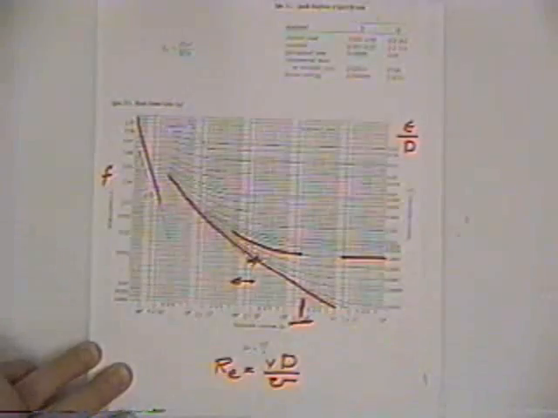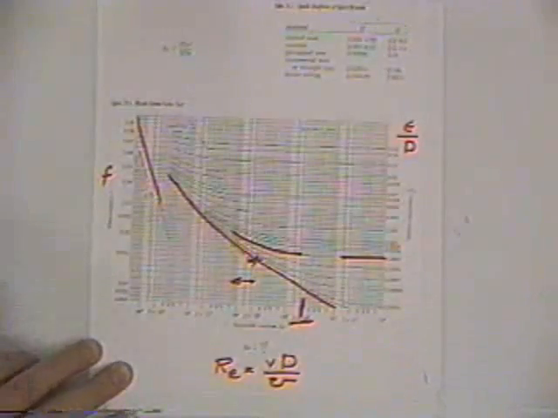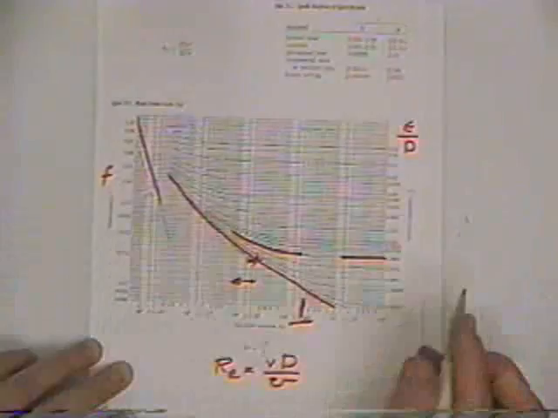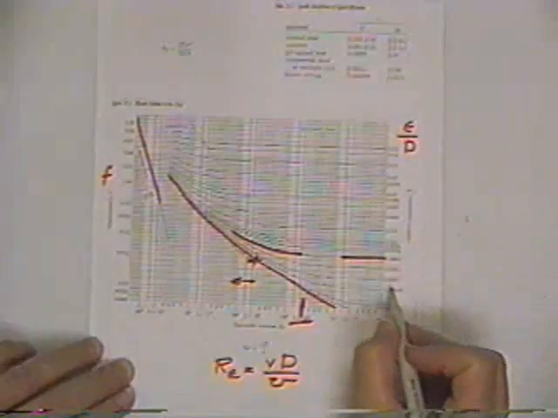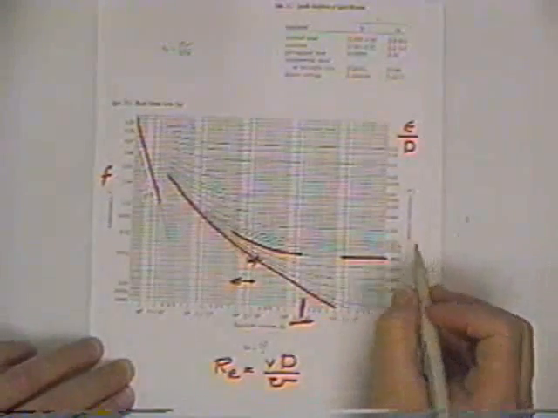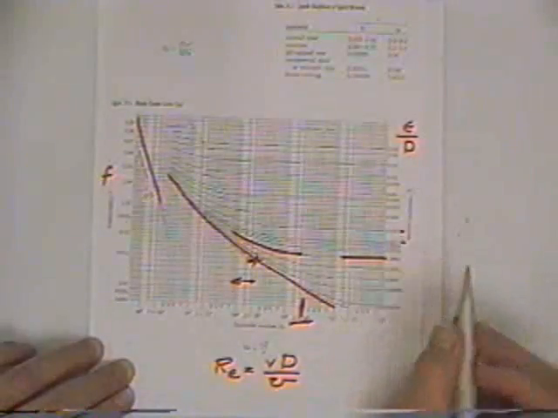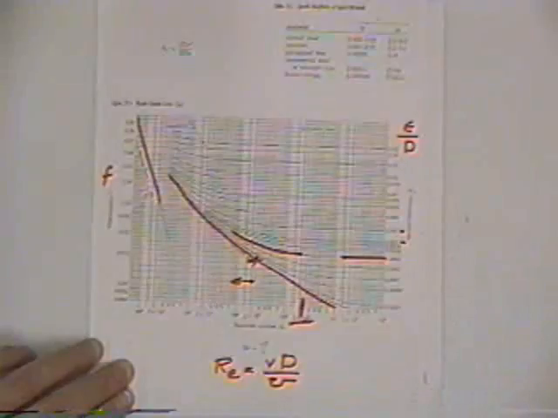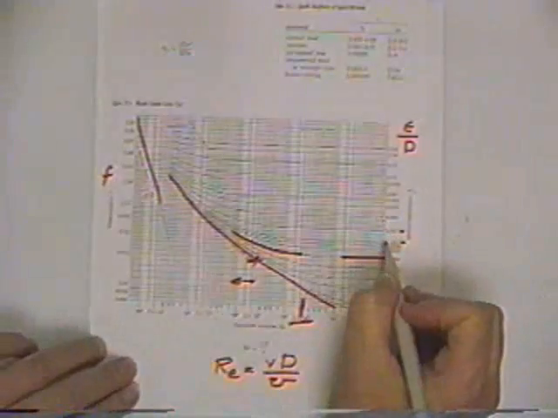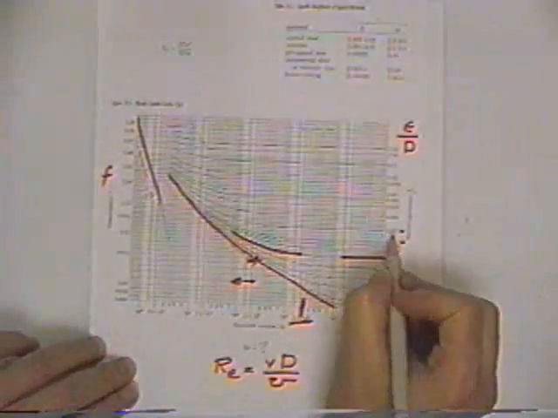And then we've got a relative roughness of 0.0017, 2 zeros. So there's a 0.001 and there's a 0.002, so it's got to be in there someplace. And so you've got to sort of eyeball, do a little interpolation.